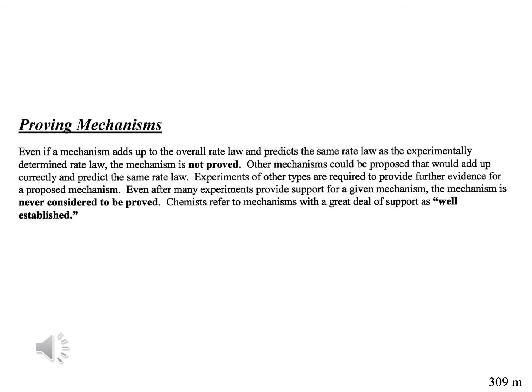You can usually find the minimum mechanism, but you really can't absolutely find all the steps. That's the reason why they never call a mechanism proved. They only call it well established. But the mechanism is like a model in science. A model is for making predictions, and if you can predict behavior based on the model, the mechanism, it's very useful.